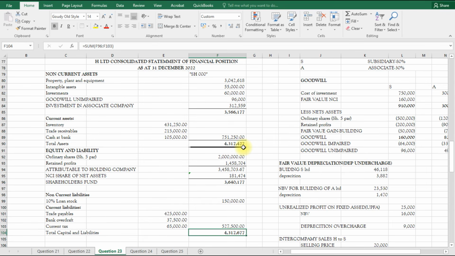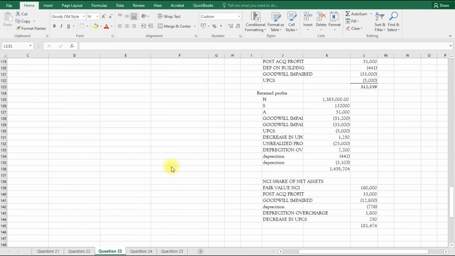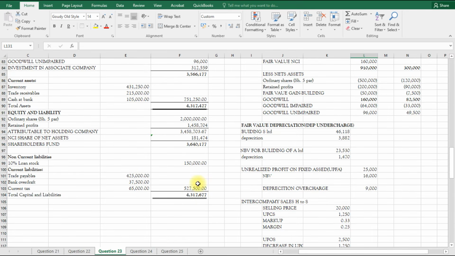4317 427. So there is just a slight difference. We shall see where the difference is coming from. When you look at our question, we had a minimal difference where we are having 4317 677, and this one is 4317 427.